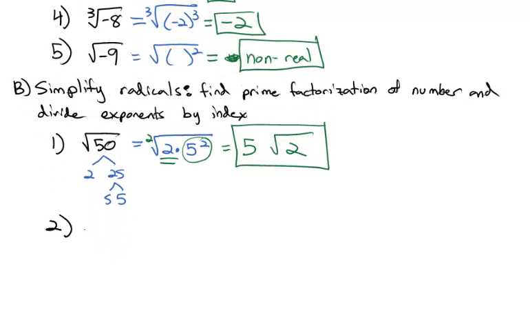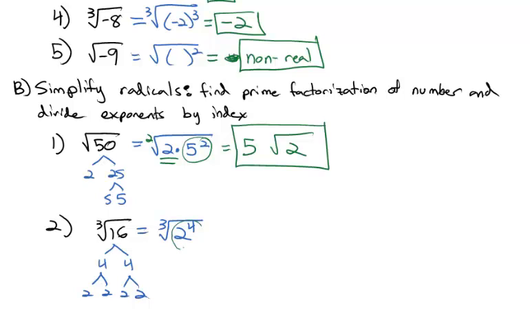Similarly, if we've got the cube root of 16, we can factor 16 to 4 times 4, and 4 to 2 times 2, all the way down to prime numbers. So we say the cube root of 16 is the cube root of 2 to the fourth power.